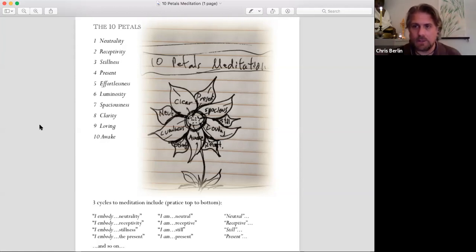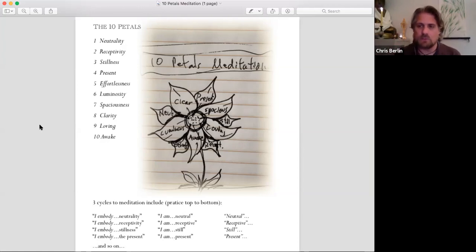And the first thing I found that was so important was to cultivate this sense of neutrality. And neutrality can be kind of a funny word. For some people, it might infer a not caring, a state of non-caring.